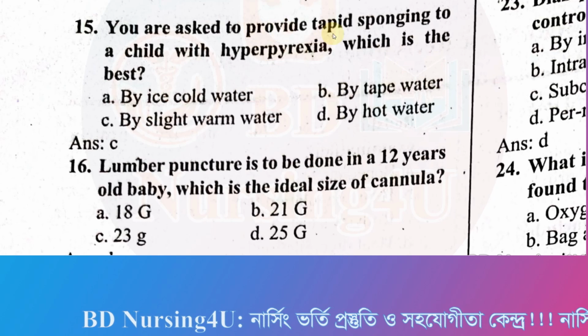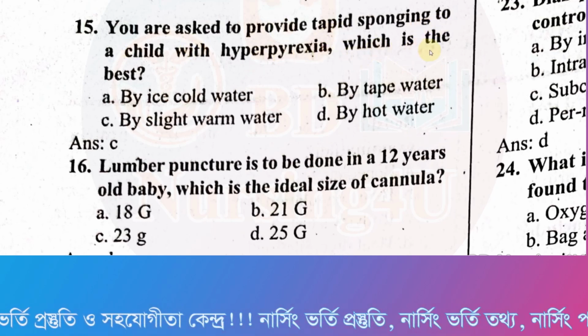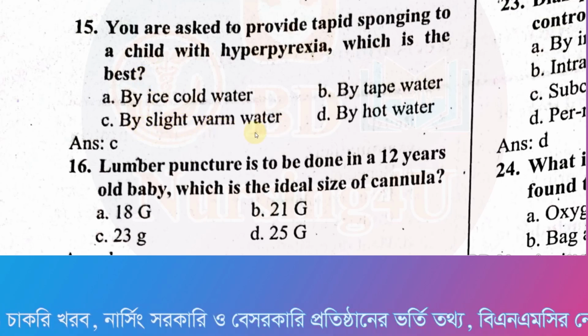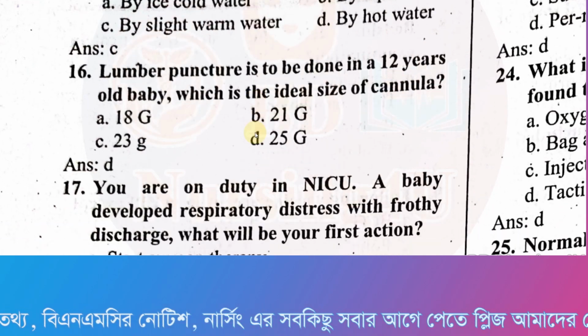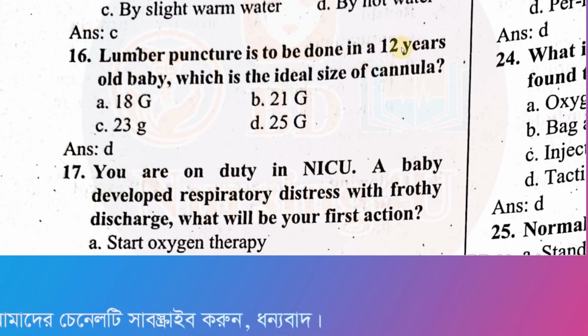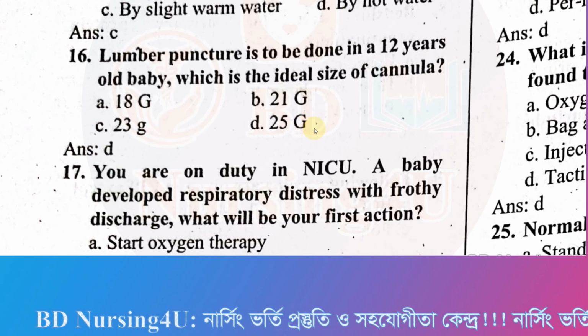You are asked to provide tepid sponging to a child with hyperpyrexia. Which is the best? Slightly warm water. Venipuncture is to be done in a 12 year old baby. Which is the ideal size of cannula? 25 G.